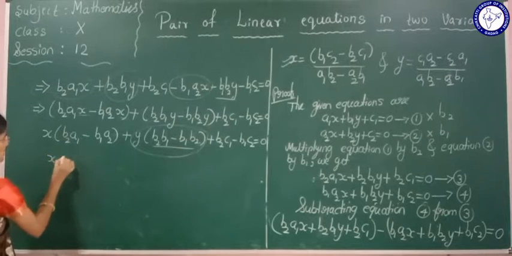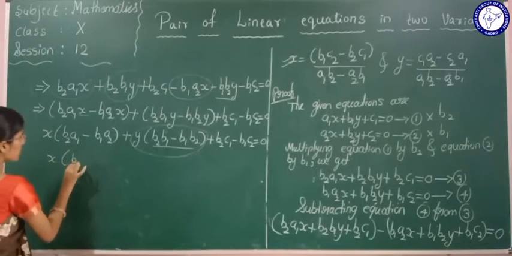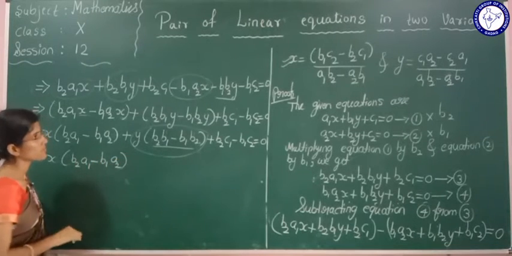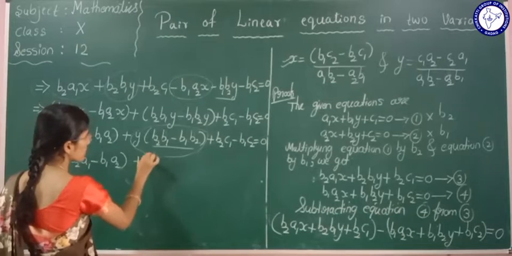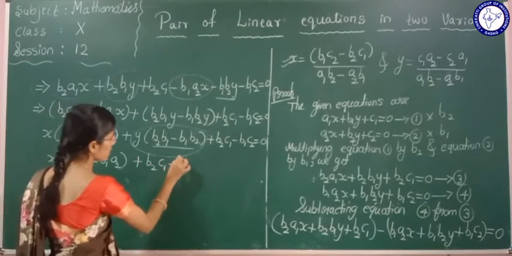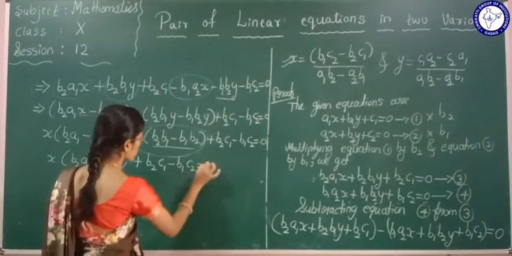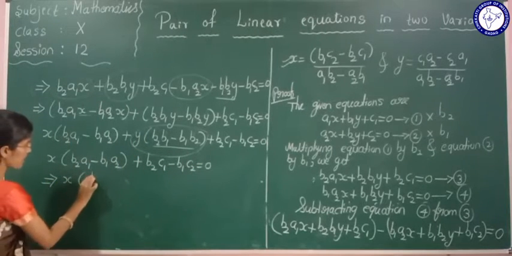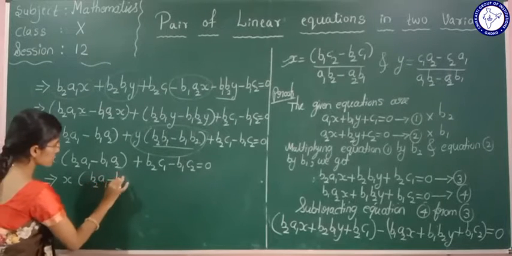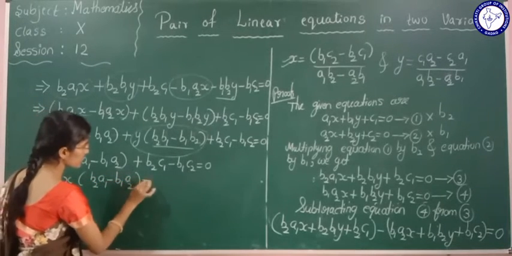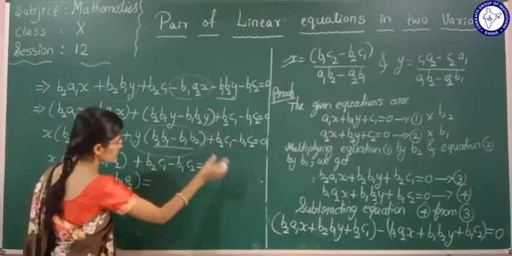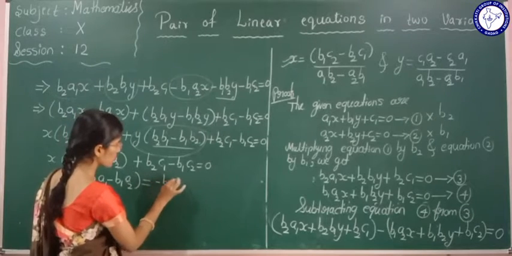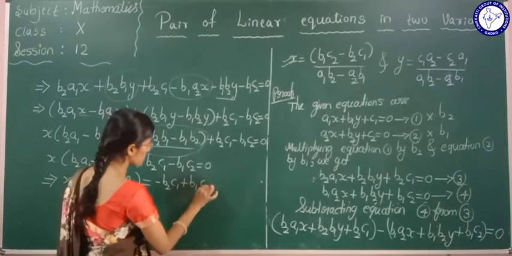We get x multiplied by b2a1 minus b1a2 plus b2c1 minus b1c2 is equal to 0. So this implies x multiplied by b2a1 minus b1a2 is equal to, we will transfer this to the RHS side. What will it become? This will become minus b2c1 plus b1c2.